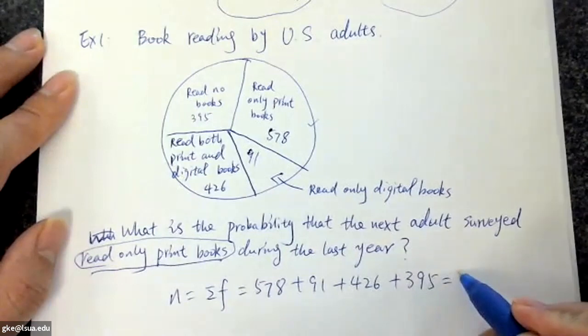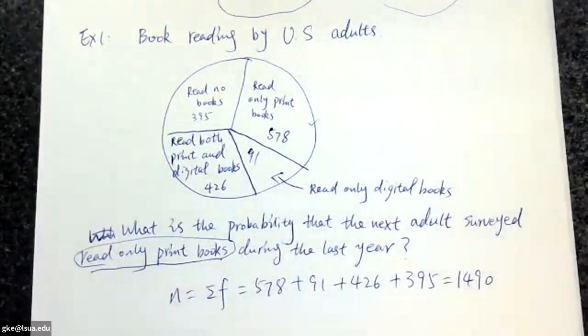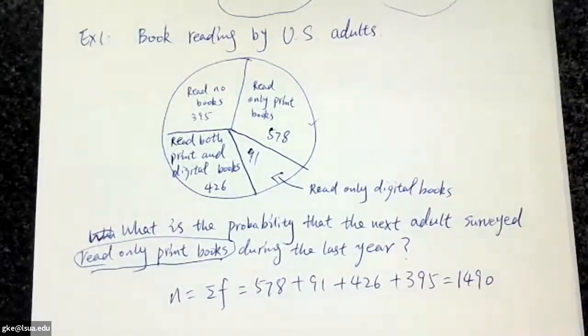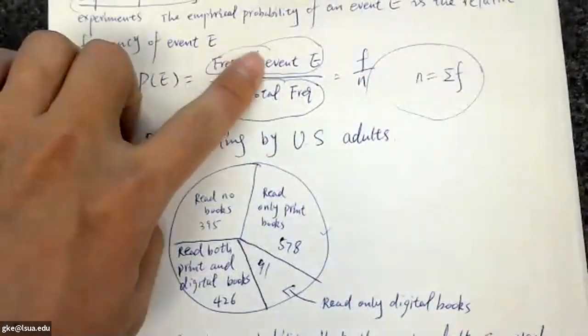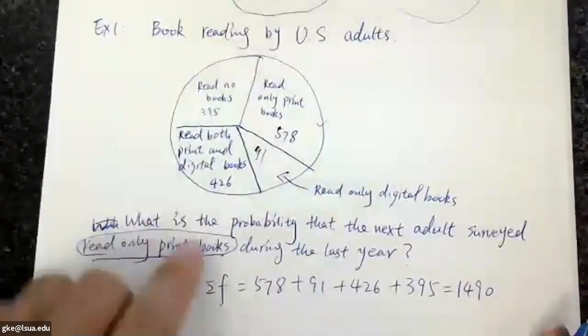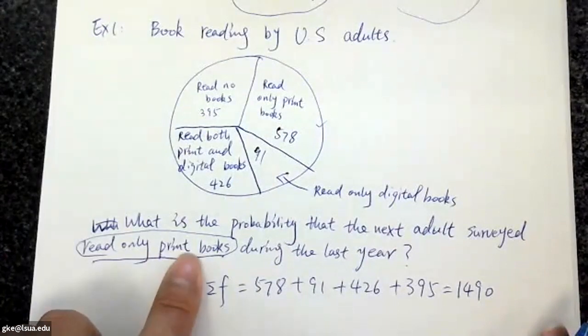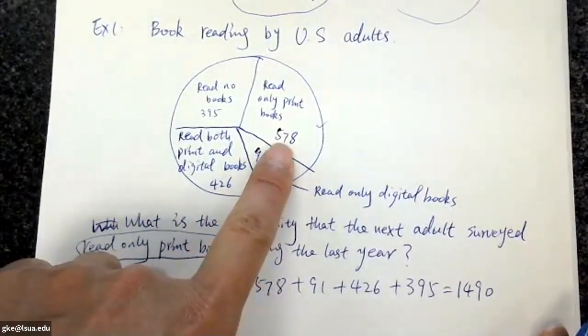This will give you 1490. Then we follow the formula. The frequency of event E, read only print books, is 578.